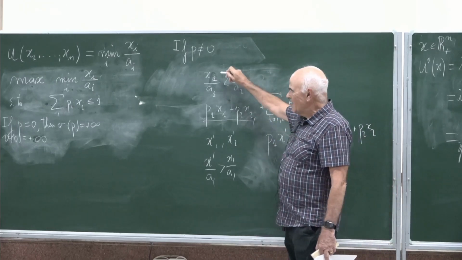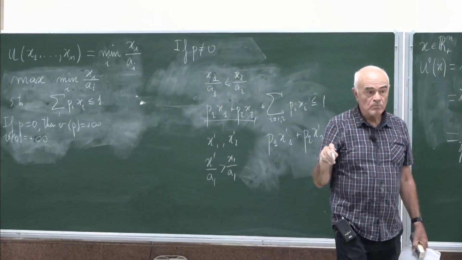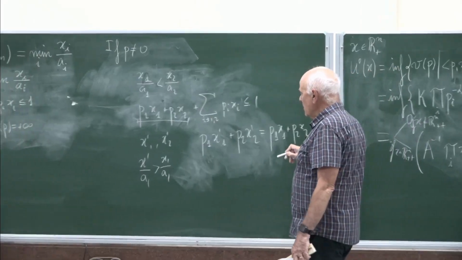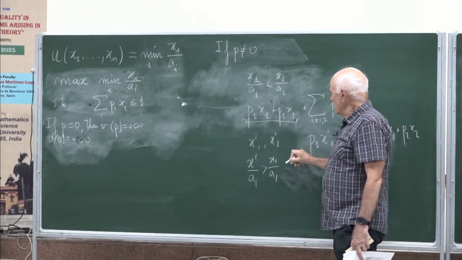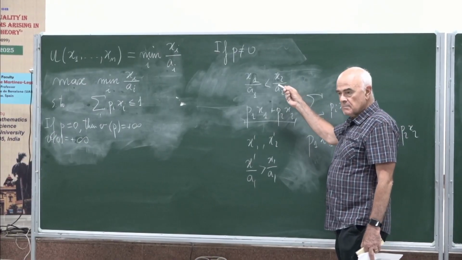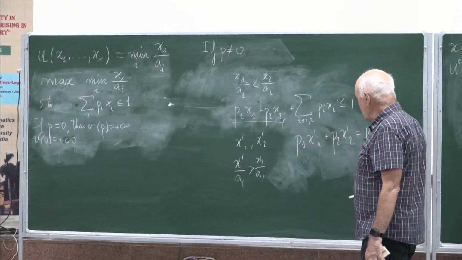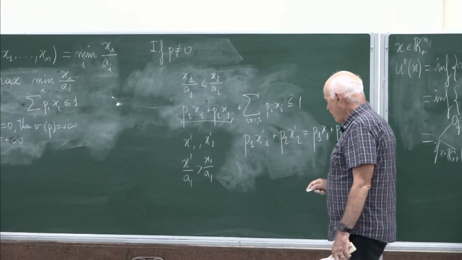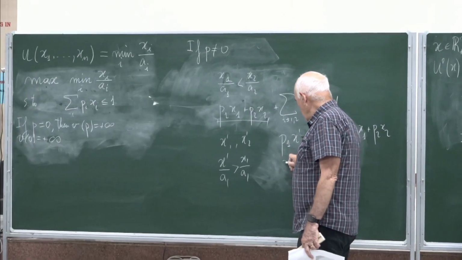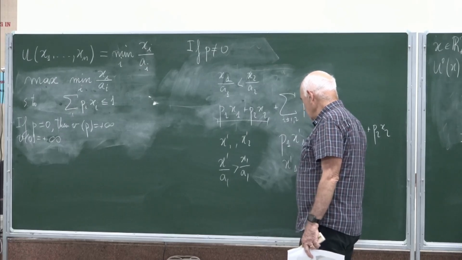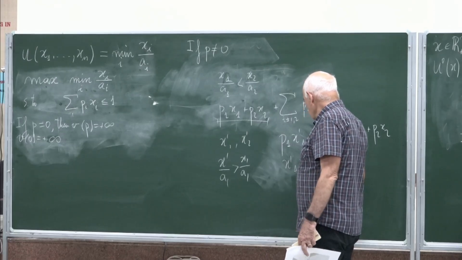And assume that x1 over a1 was the minimum. Then the minimum will have increased. We can make this computation. So what do we need? x1 prime greater than x1, simply.